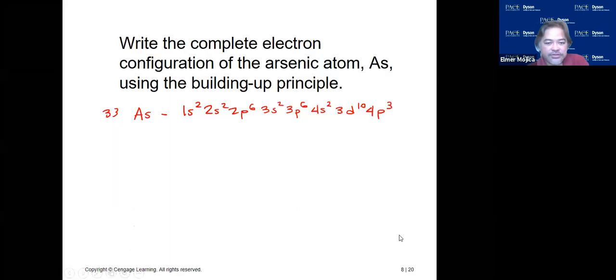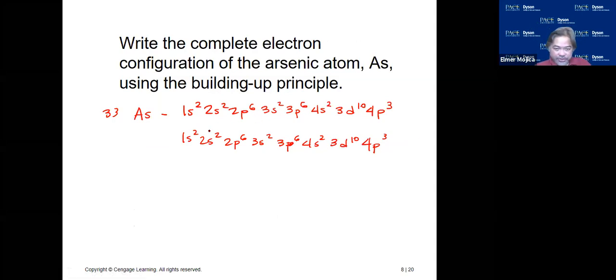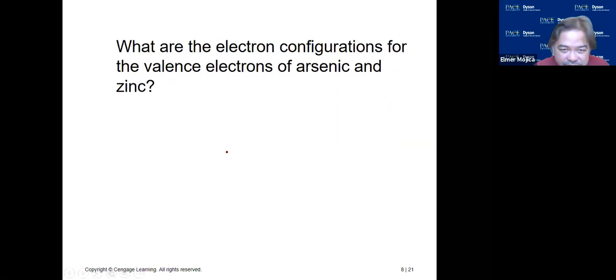So you build up the sequence: 1s2, 2s2, 2p6, 3s2, 3p6, 4s2. So you have already what here? 20. And then you get 3d10, so that makes 30. And you go 4p3. So if you add all of these, that should give you 33. Okay? So there's another one here.